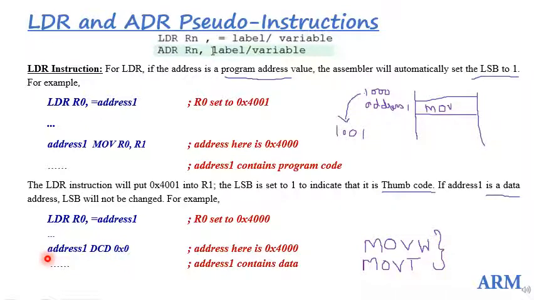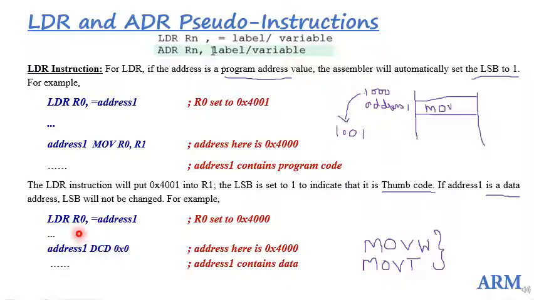Again, I have the same instruction LDR R0, =address 1. And now here address 1 is holding some data. So address 1 DCD is the directive to declare a constant, and that constant I have initialized to 0x0.